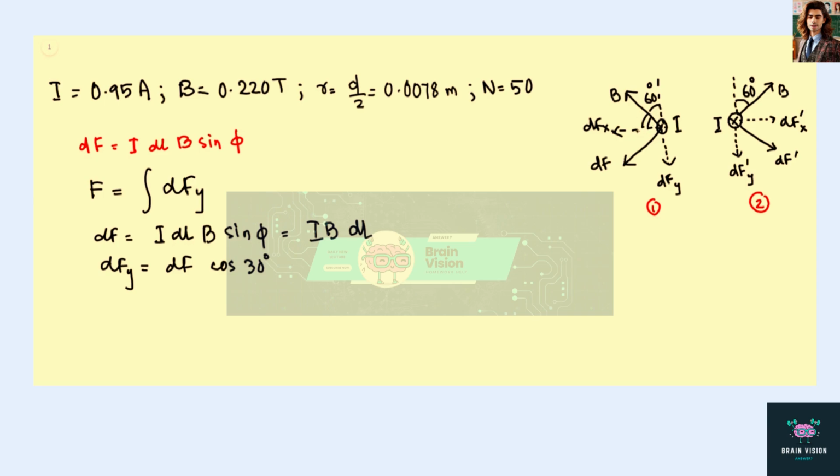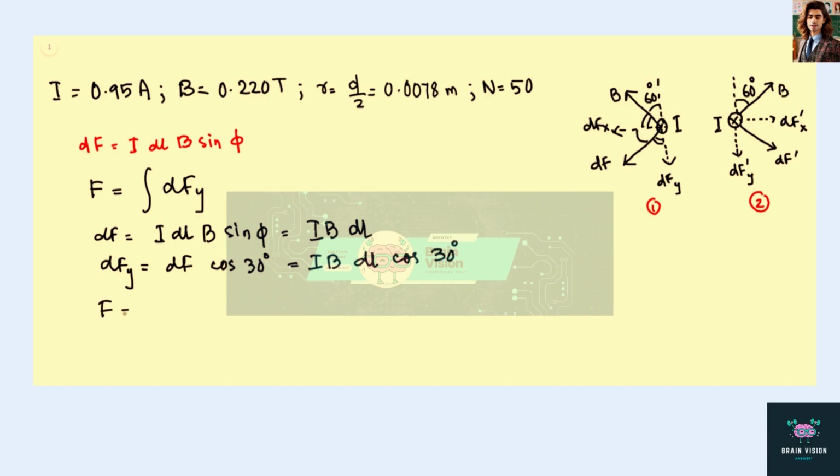We do the same and find that this is 60 and this is 30. So for that, the cos 30 degrees comes into account. This is equal to I B dL cos 30 degrees.